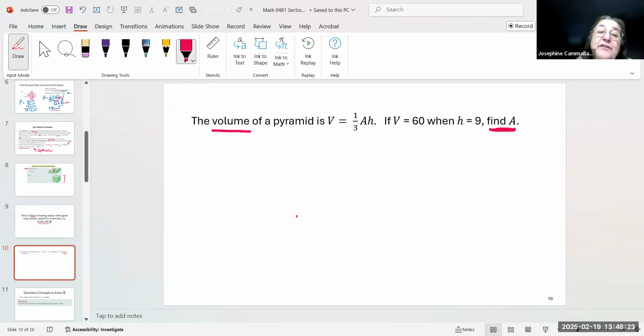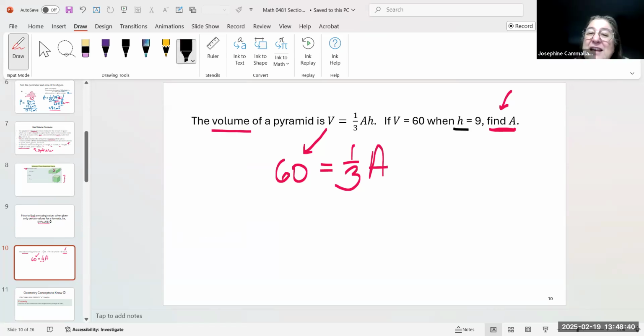Well, I'm told that the V is 60. Okay, this is 1/3. Now I need to find A, but I'm given H.